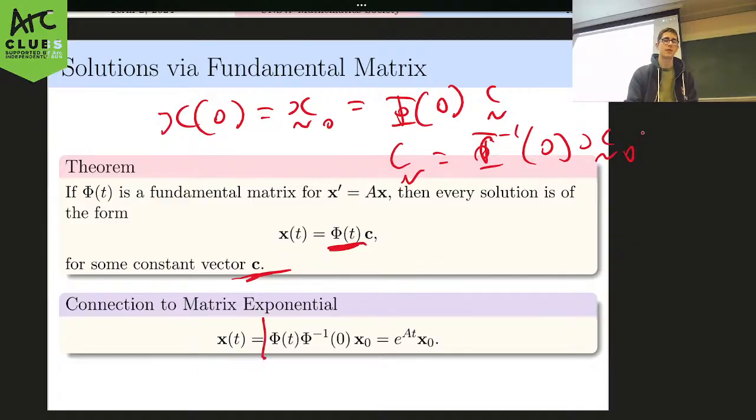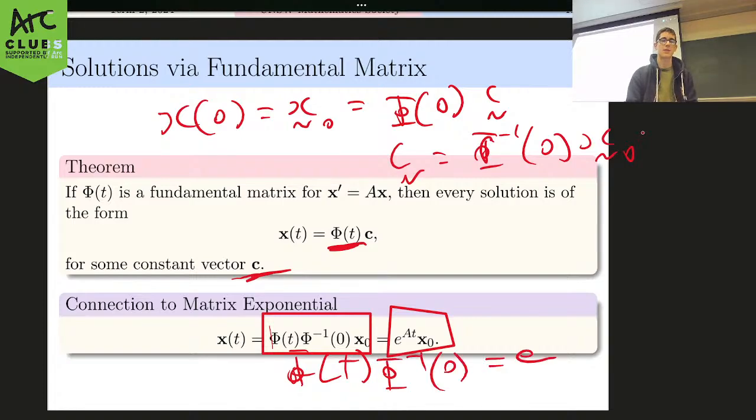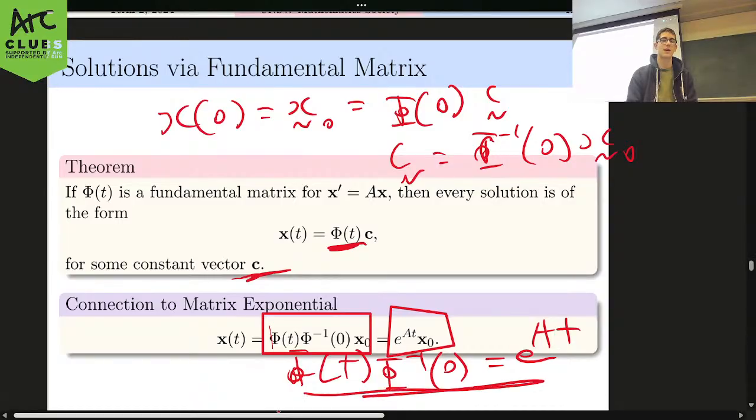This is our solution, but we also know from before that the exponential matrix is also a solution. Because of uniqueness of solutions, these two have to be the same solution, which means that phi of t times phi inverse of 0 has to equal the exponential matrix. This is the key equation: if we're trying to find the exponential matrix and we already have the fundamental matrix, then all we have to do is multiply by phi inverse at 0 to get the exponential.